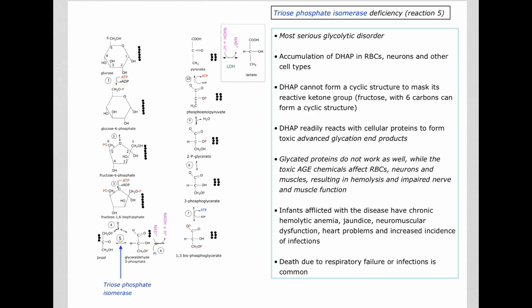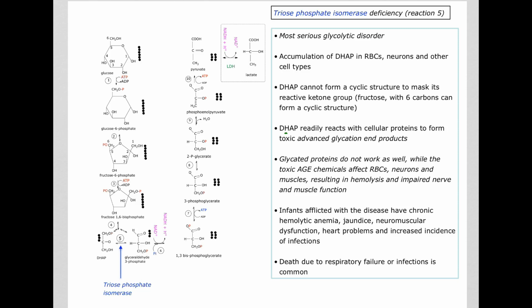Now, if you look at dihydroxyacetone phosphate, it is a ketone and it has only 3 carbons, so it is too small to form a cyclic structure. Unlike glucose and fructose, which have 6 carbons, they can form cyclic structures and hide their ketone and aldehyde groups. Dihydroxyacetone phosphate cannot.